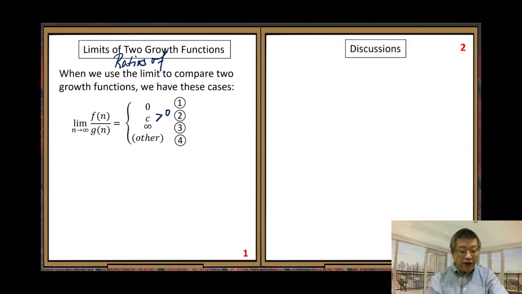So then infinity, another case, infinity, it's possible. The limit is infinity. And then the fourth case, none of the 3. Is that possible? None of the 3, other. Actually, later we will see the limit does not exist. So there is a situation the limit does not exist.